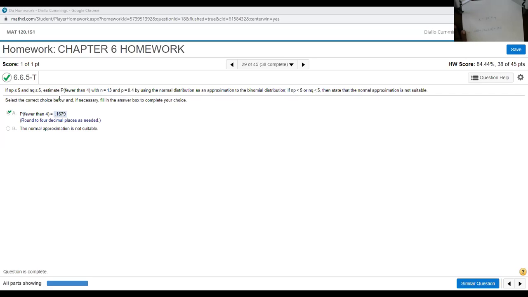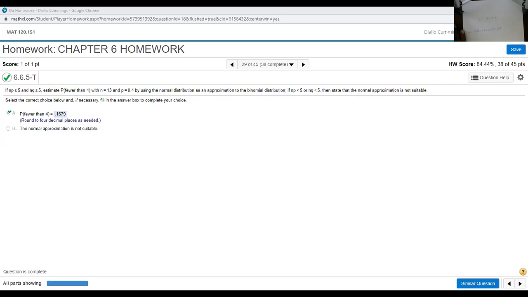All right, so first of all, let's check the conditions. N times p: notice that n is 13 and p is 0.4. If I multiply those together, 13 times 0.4, I get 5.2, which is greater than 5.